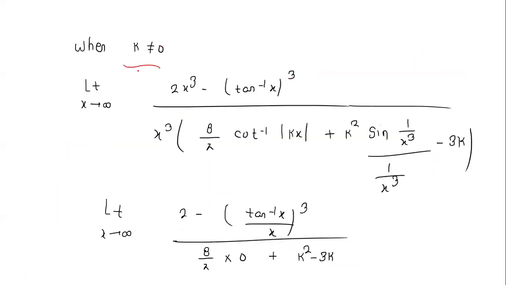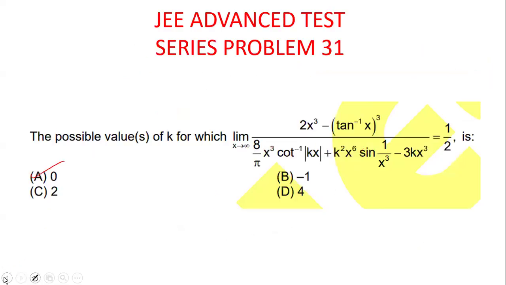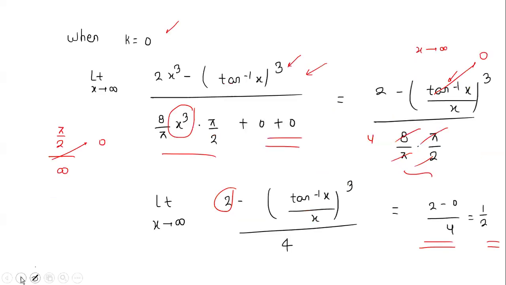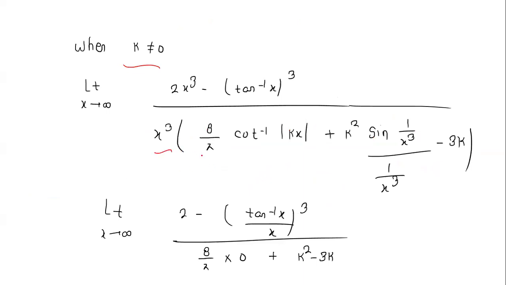So now let's check for non-zero values of k. When k is not equal to 0, what can we do? From the whole denominator, you can take x cube outside, and you will have 8 by pi multiplied by cot inverse of mod of kx, and k square times sine of 1 by x cube.